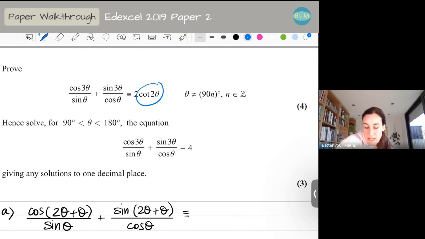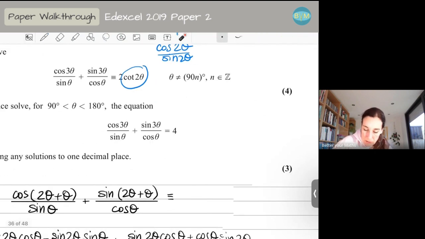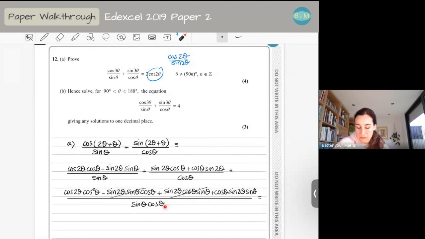Cot 2 theta is cos 2 theta divided by sine 2 theta. And these two will be easy. So sine 2 theta is coming from here because sine 2 theta is 2 sine cos. So this bit is really half of sine 2 theta. So we have the denominator, and then the numerator, let me see if I am able to find the numerator.